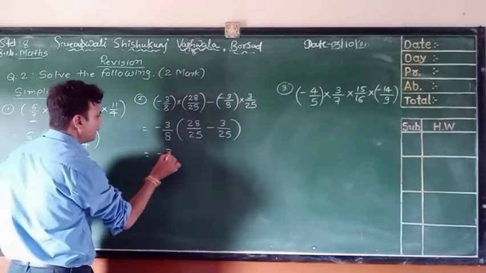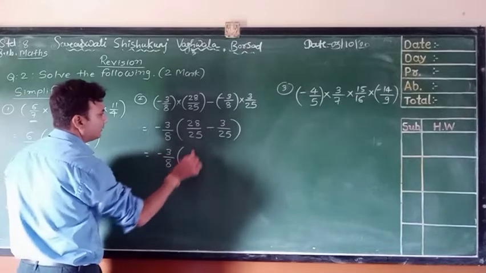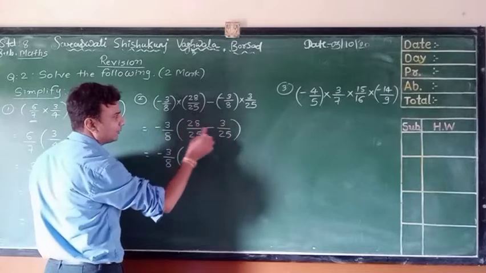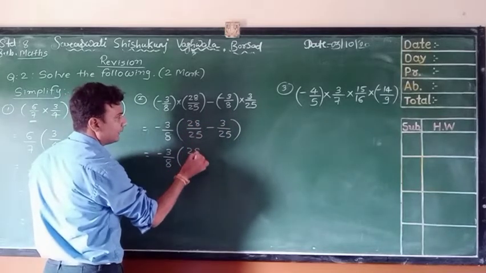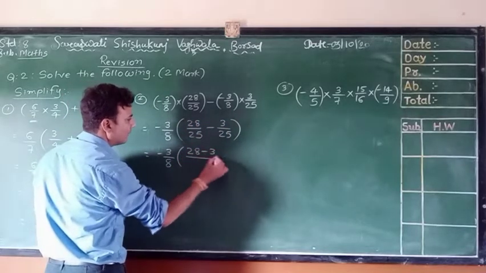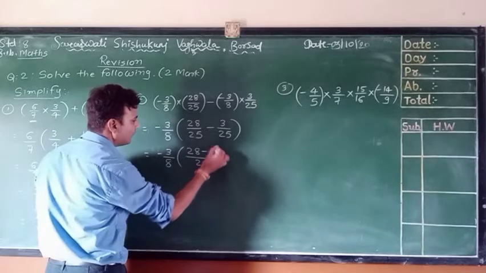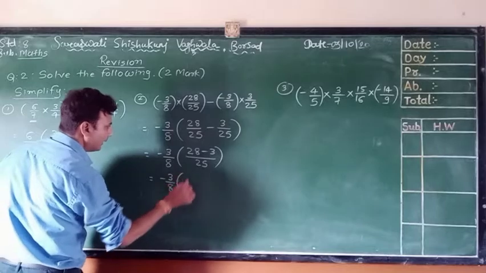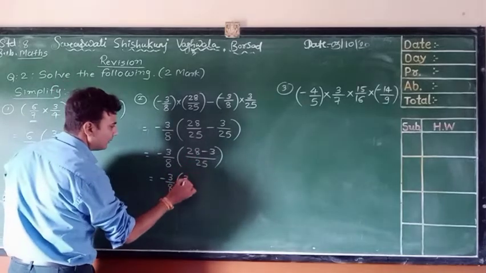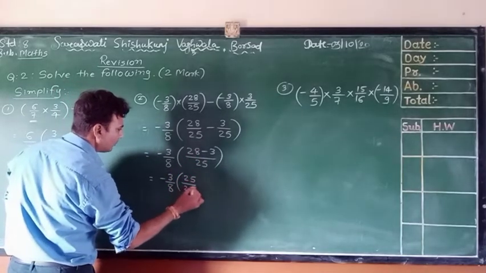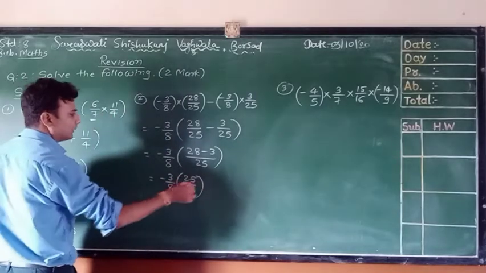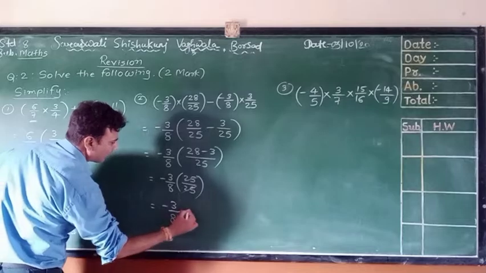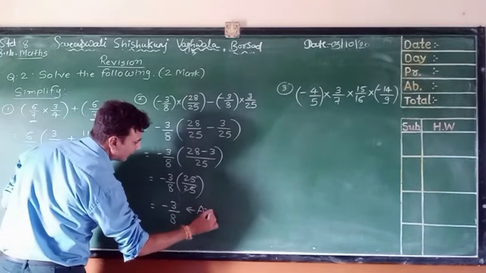Now both denominators are the same, so we can write the numerator terms 28 minus 3 upon 25. So here minus 3 by 8 and 25 upon 25. Both are the same, so we can cancel. Yes, so the right answer is minus 3 by 8.